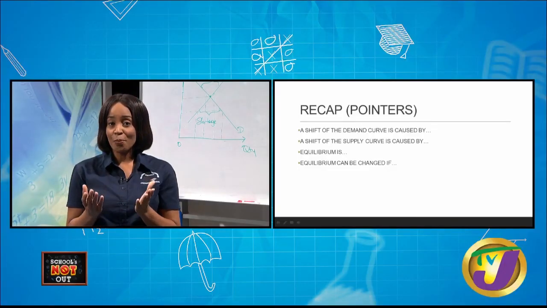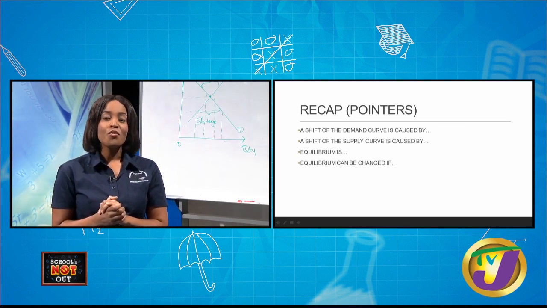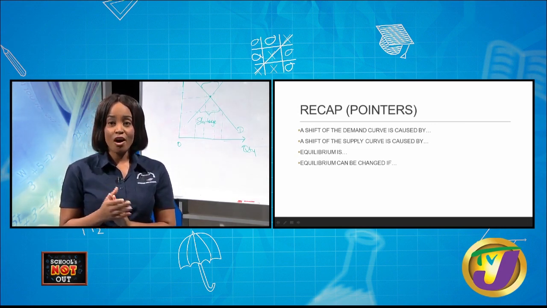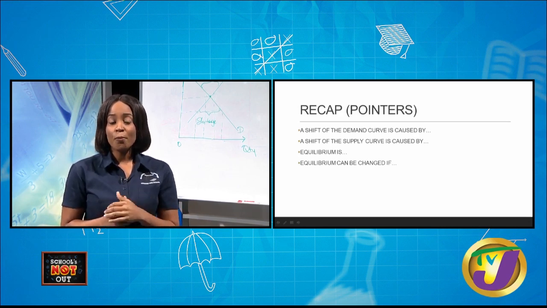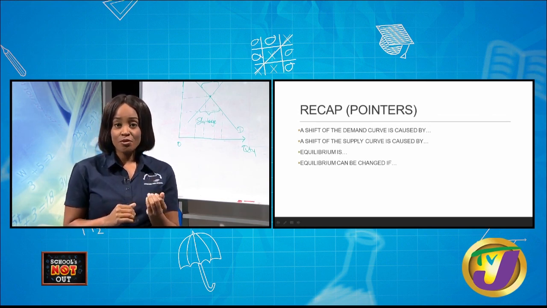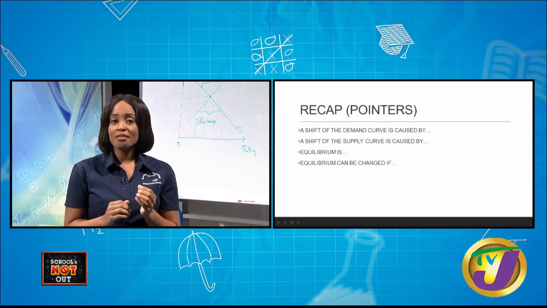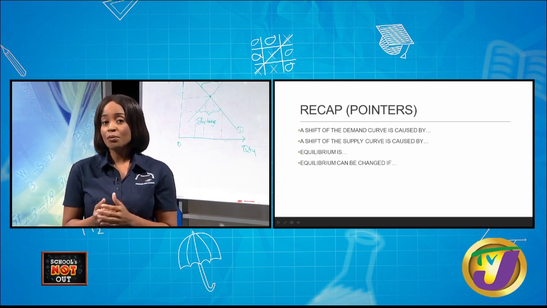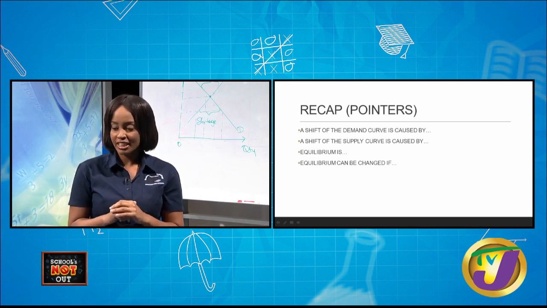Your equilibrium price is the price point at which your quantity supplied and quantity demanded are equal. Remember, if there is a shift of the demand curve, then the equilibrium price will change. If there is a shift, whether to the left or to the right, of the supply curve, then the equilibrium price and quantity will also change.